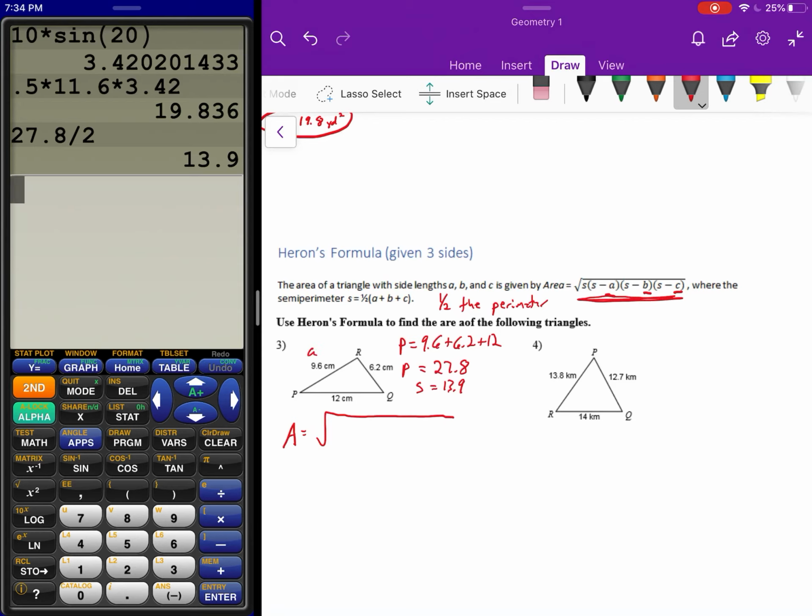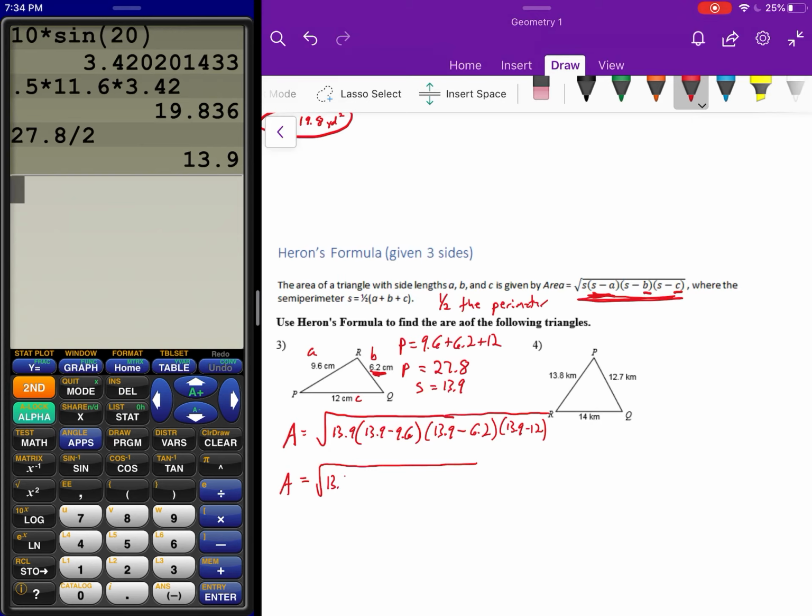So we want the square root of, and we're just going to plug everything in. A, B, and C are the sides, so we can say maybe this is a, b, and c. So we have semi-perimeter, 13.9, times 13.9 minus 9.6. So that's s minus a. And then we'll do s minus b. That's 13.9 minus 6.2. And then 13.9 minus c, which is 12.